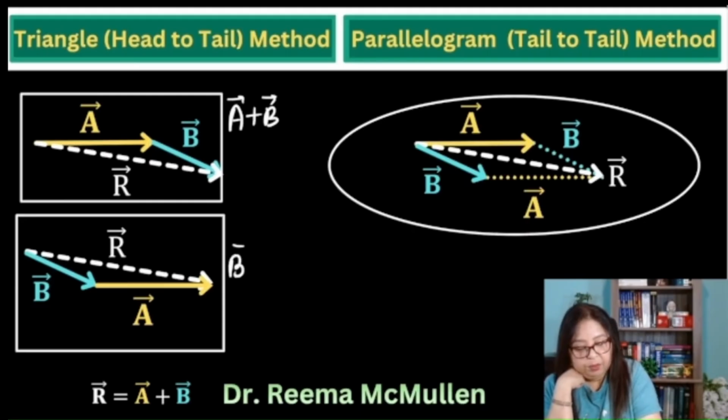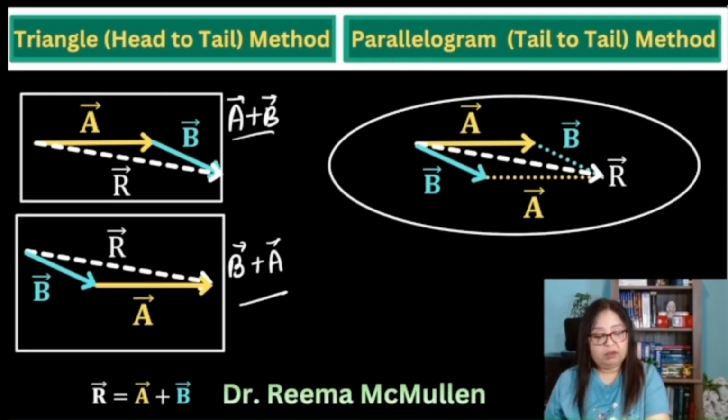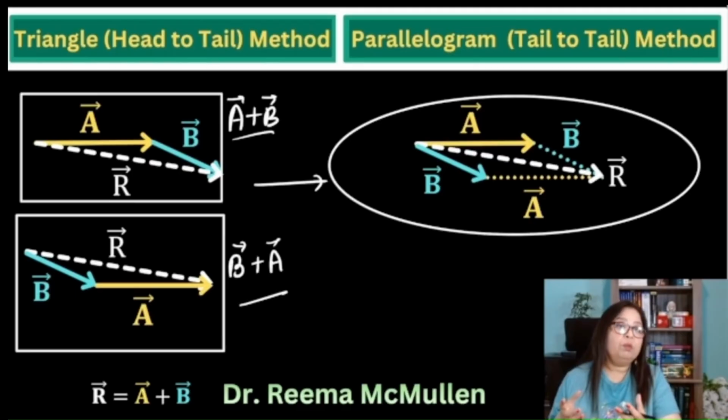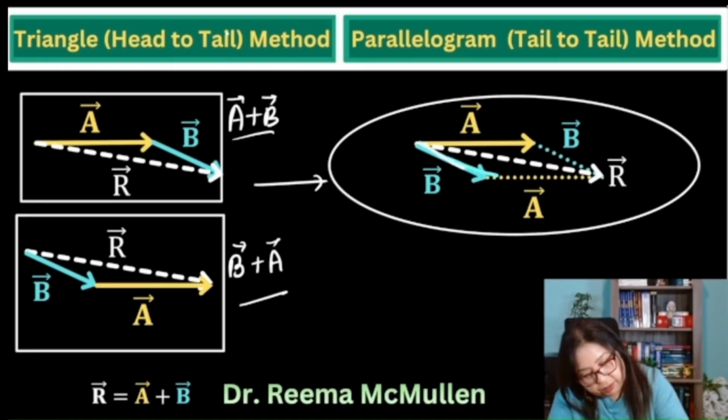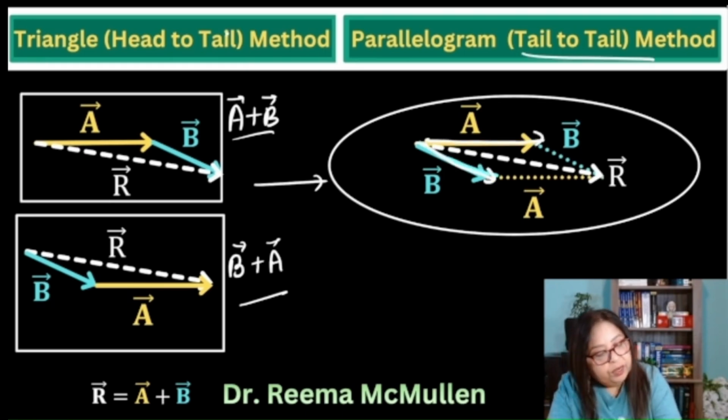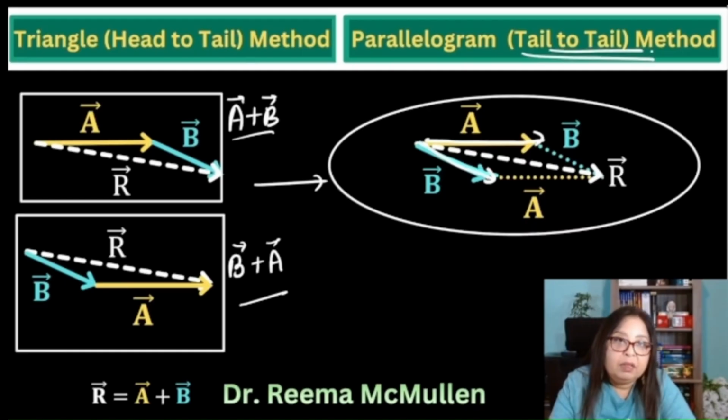This is B plus A. Then you join these two together. And when you join them, you get this thing. So here, once again, the parallelogram law of vector addition follows from the triangle law of vector addition. Except here in this case, the tails of the two vectors are joining. Therefore, it is called the tail-to-tail method.